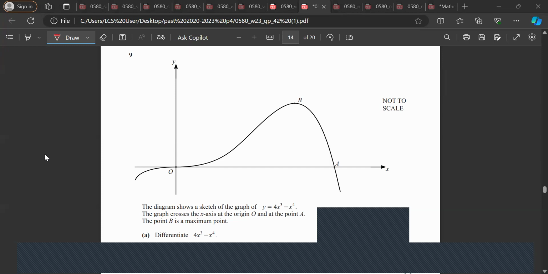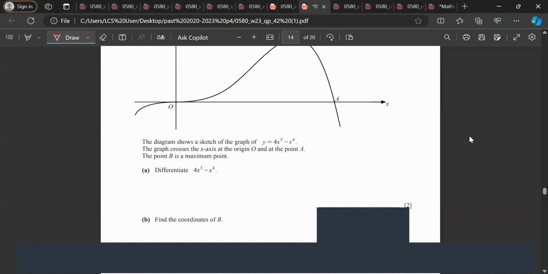The graph crosses the x-axis at the origin and point A. B is the maximum point. Differentiate 4x power 3 minus x power 4. How should I differentiate? Bring the power down. It will be 12x squared minus 4x power 3. And this is the answer.